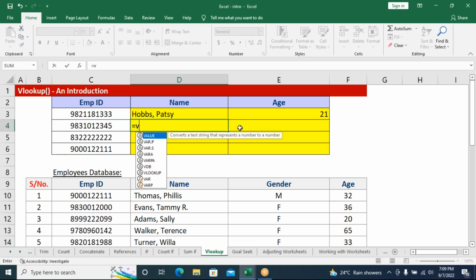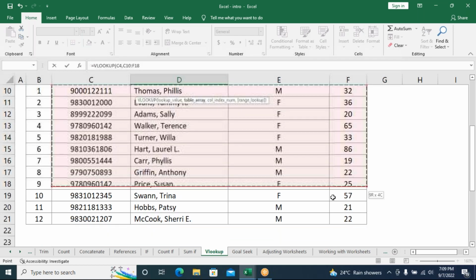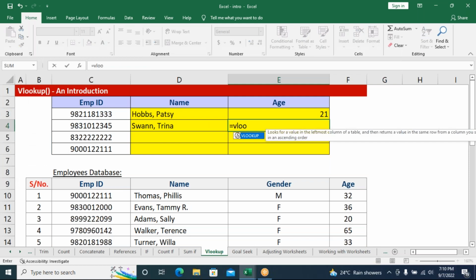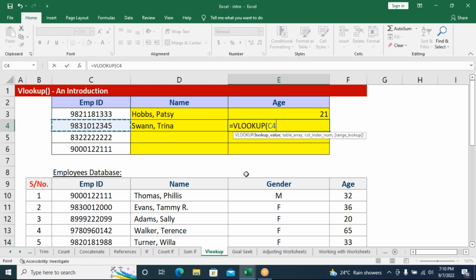So 1, 2, 3, 4, 5. Here it is, Van and Trina. The same way, I want to look for the age as well. I'll type is equal to VLOOKUP, open the parenthesis. This is my lookup value, and my table array is from C10 to F21.